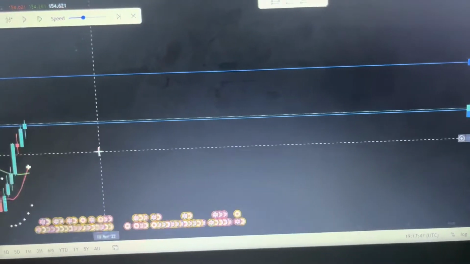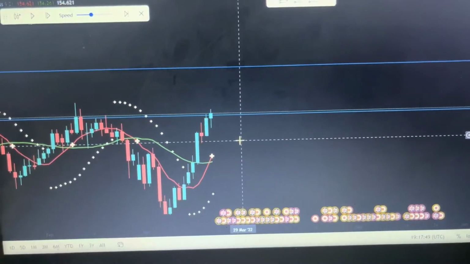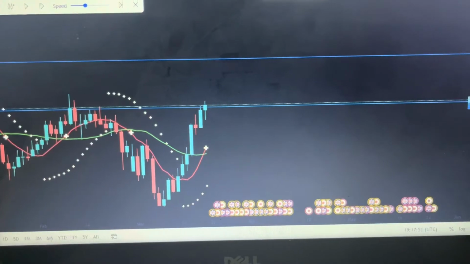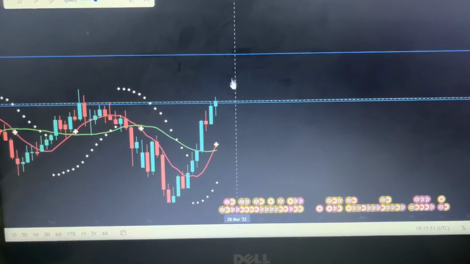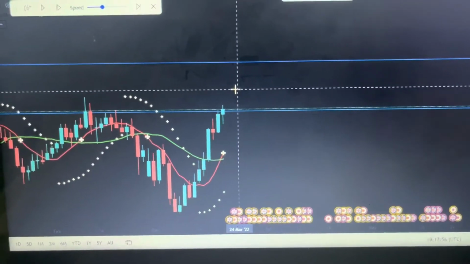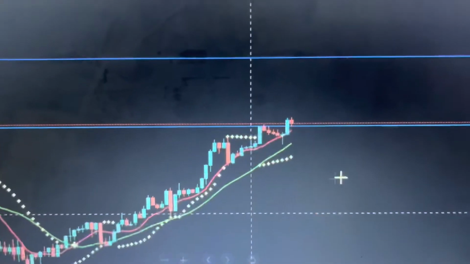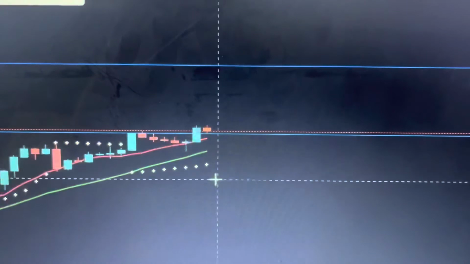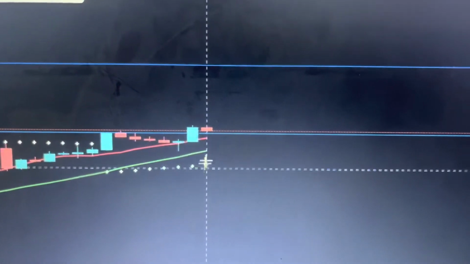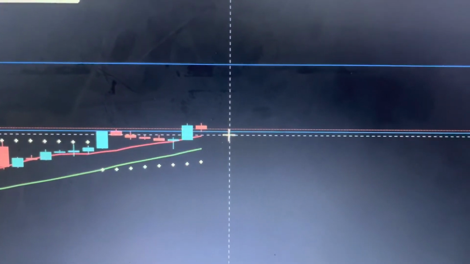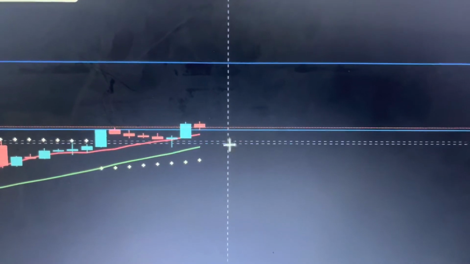And we see that price is above it. So what would be the next step? The next step would be to go to a smaller time frame, which would be the 4 hour, and see how it's looking there. And then bam, as you see on the 4 hour, it closed above the blue line. That red line is where price is currently at.